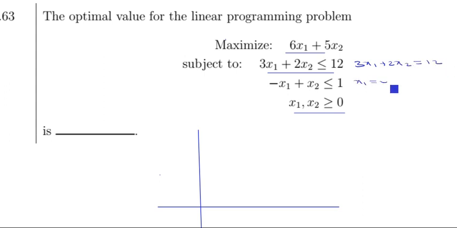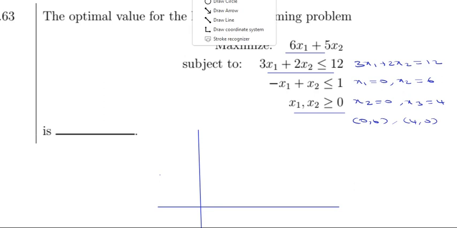When x1 equal to 0, we will get x2 equal to 6, and when x2 equal to 0, we will get 3x1 equal to 12, so x1 equal to 4. Therefore the corresponding points are (0, 6) and (4, 0). We will mark these two.